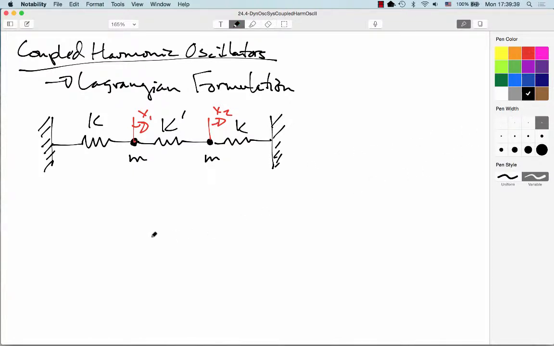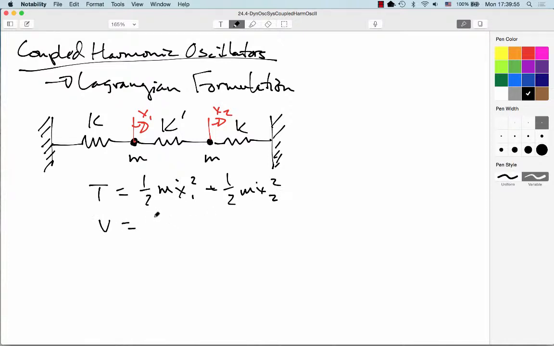Alright, so with that we can go ahead and write our kinetic and potential energies. The kinetic energy will be 1/2 m x1 dot squared plus 1/2 m x2 dot squared.